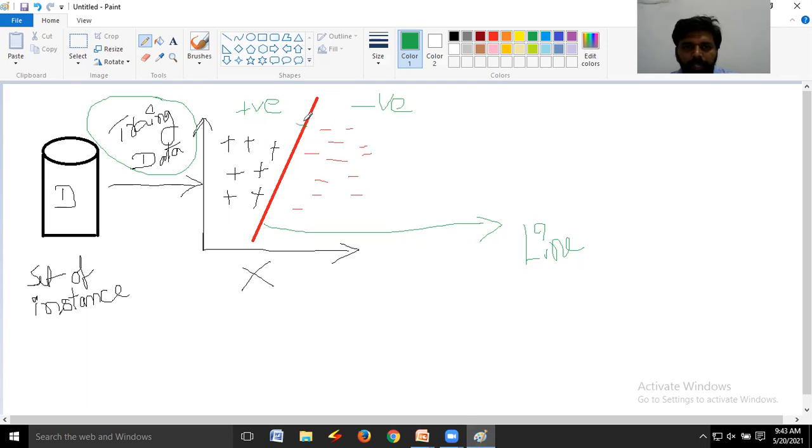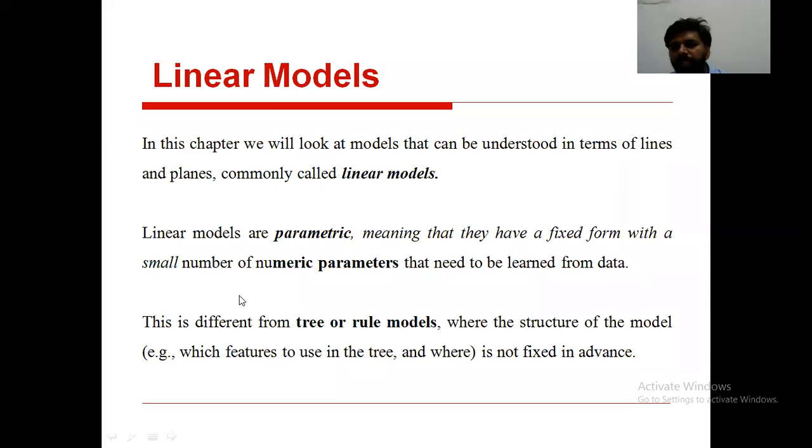There may be a positive instance on the plane, or a negative instance may be very close to this plane, like this. So this line is formed by using some points, a small number of numerical parameters, right? Here we need to learn these parameters from the data.